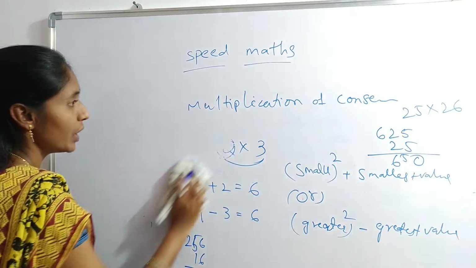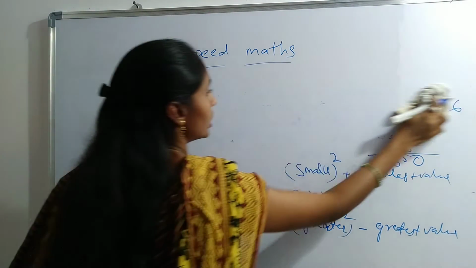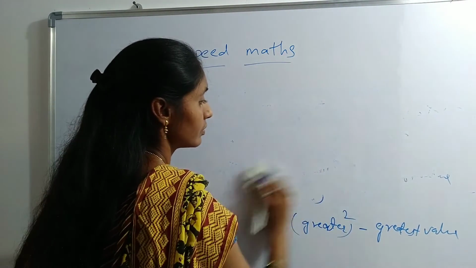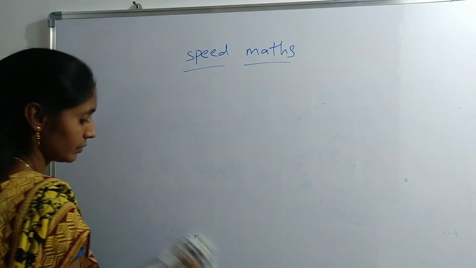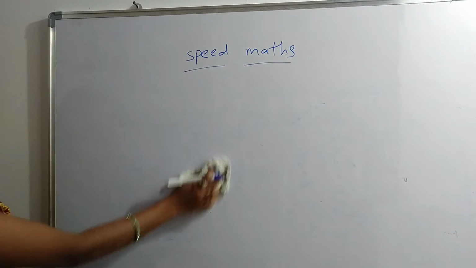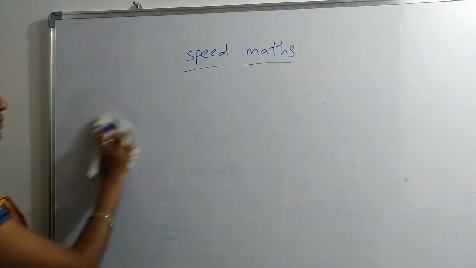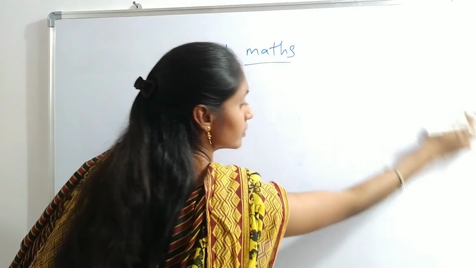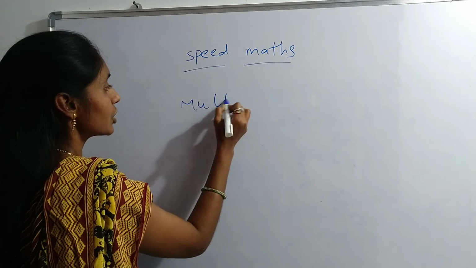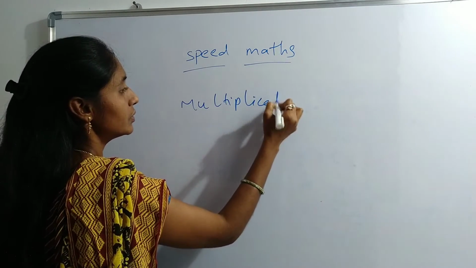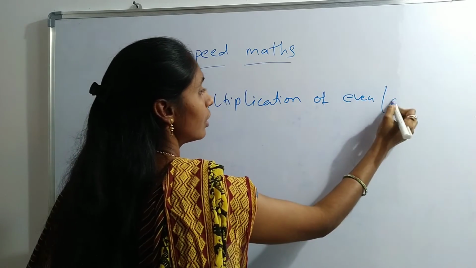Next one is multiplication of consecutive even or odd numbers.